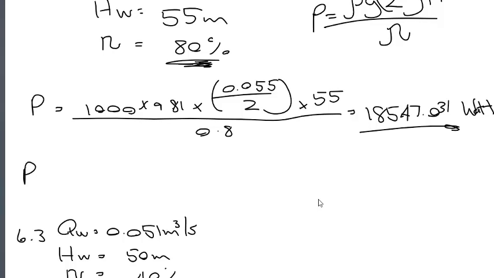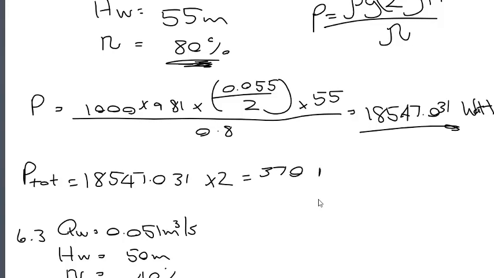Now to calculate the total power needed, we're going to take this value, 18,547.031, times 2 because we have 2 pumps, and that will give us a total value of 37,094.063 watts.